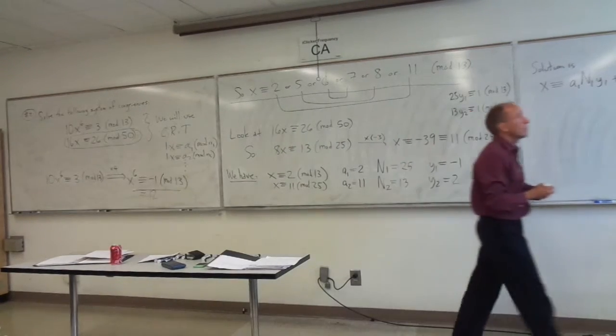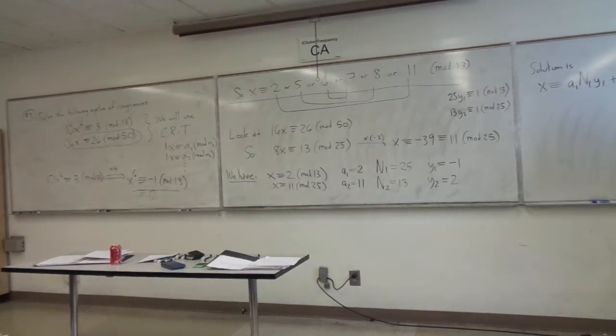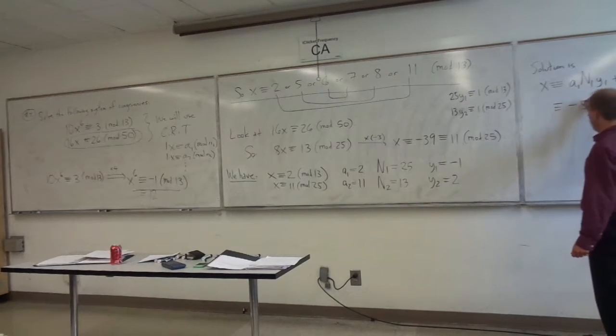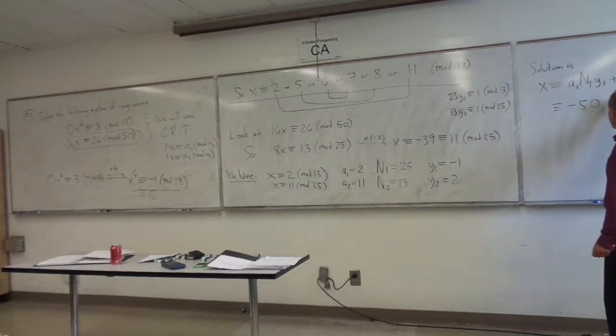Yes, 325 sounds right to me. Mod 325, good. So this is negative 50 plus, let's see, 26 times 11 is 286.